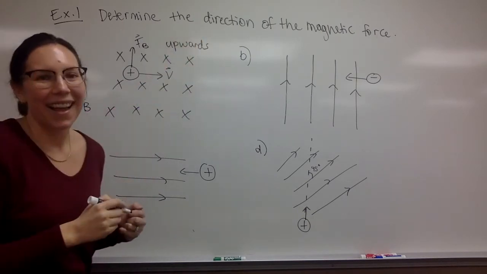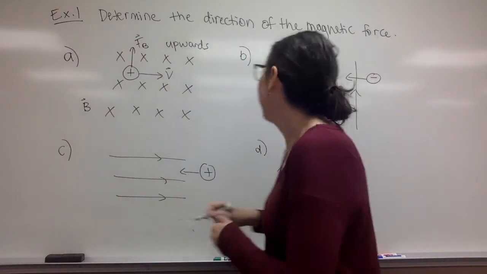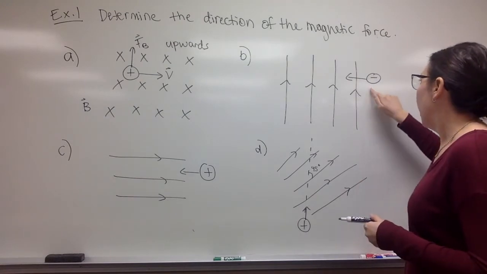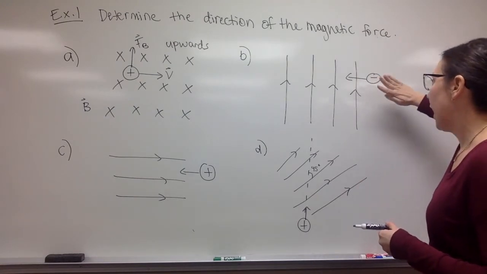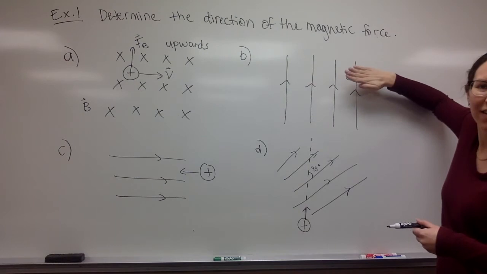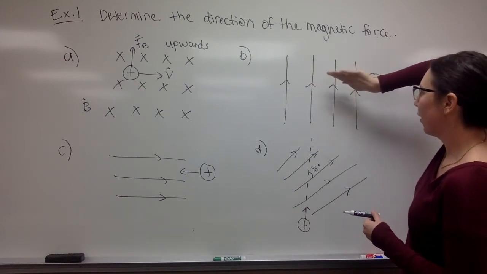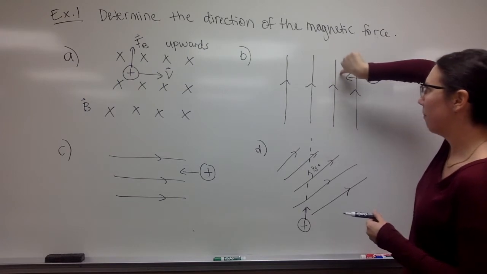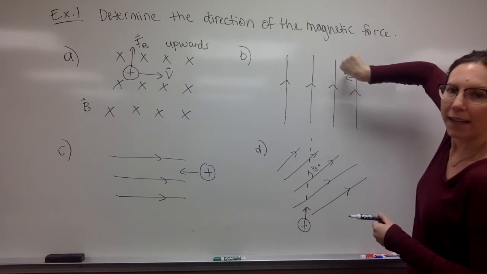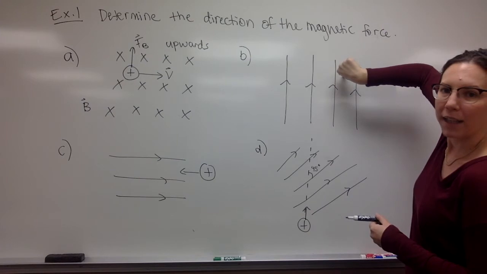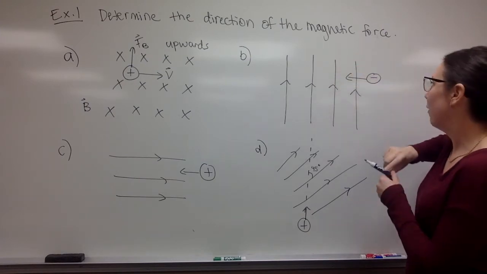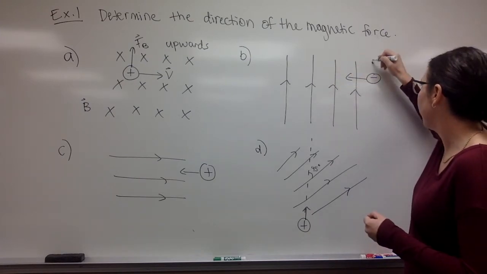Now moving on to B, we have a negative charge. I'll still use my right hand, and I'm going to put my fingers in the direction of that negative charge, and then I'll move my hand so I can curl my fingers up toward the magnetic field, and notice I get into the page here. So I need to flip that because it's negative. So we have out of the page for the magnetic force.